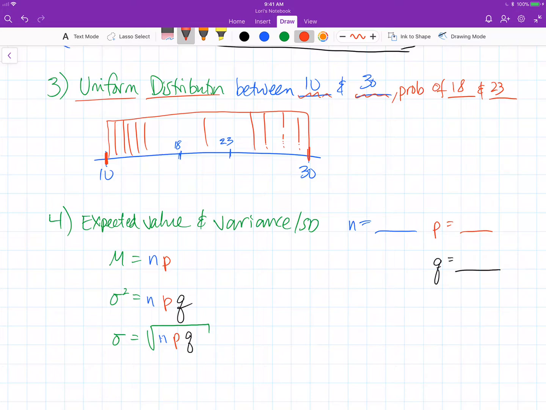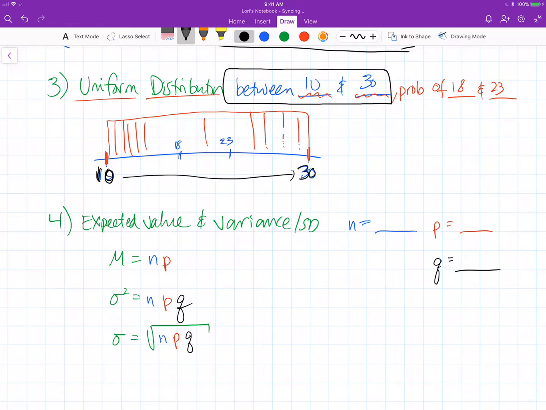Often a question like this will say, given that the uniform distribution is between a certain range, so let's say here 10 and 30, this difference right here is 20. 30 minus 10 is 20. What's the probability of getting some number between 18 and 23? What we're asking specifically is about a smaller range.